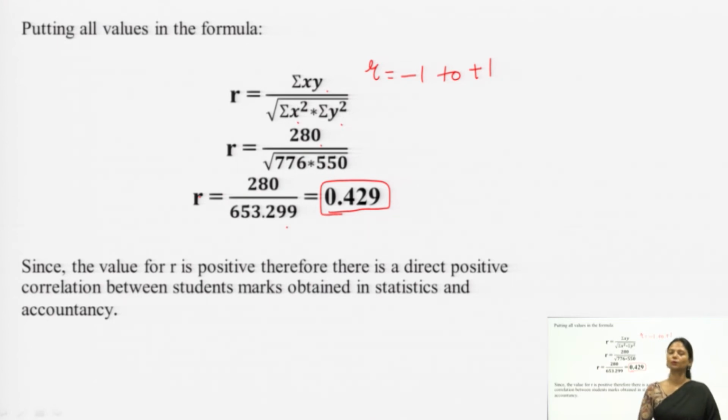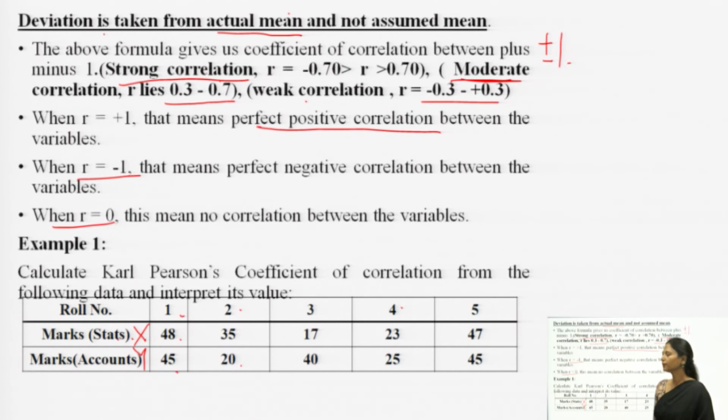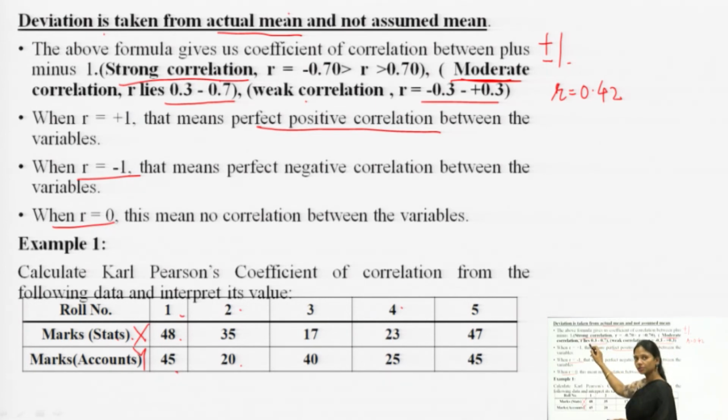We know there is a positive relationship because it is a positive value, but the value is 0.42. That means, if we go here, when r is equal to 0.42, where does it lie? It lies in moderate correlation, that means r is lying between 0.3 to 0.7 and my value of 0.42 lies here.